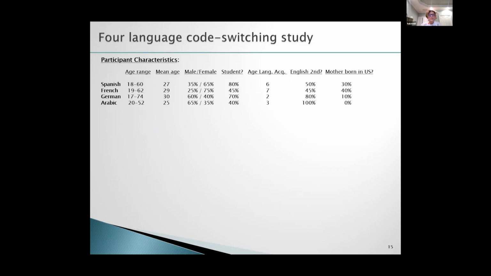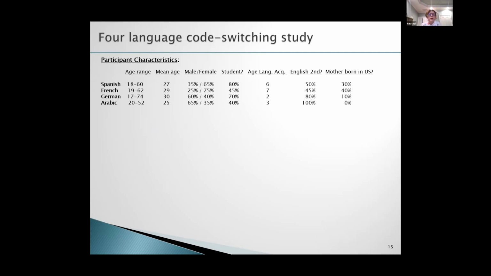For the results of this study, this time we tried to stay closer to the age group, although there were some community participants. The last column shows what percent of the mothers were born in the United States, and at what age English was acquired, and all that.